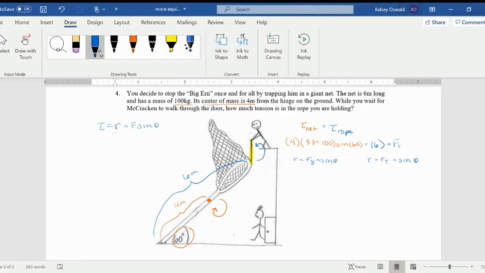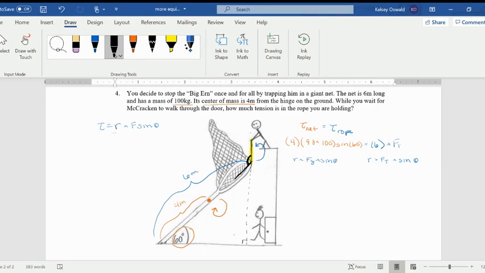So this is a little tricky. What we're going to have to do is find the angle that this rope is making with the net. We want to find this angle right here. What we can do is break this net up into a right triangle. We know the angles of a right triangle always have to add up to 180.